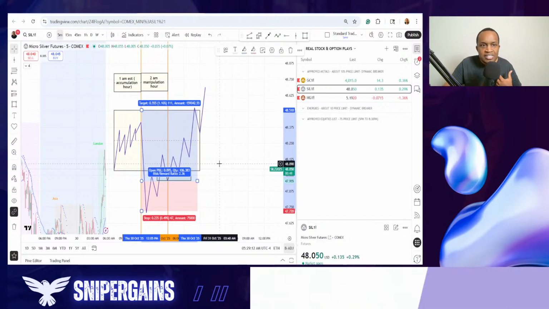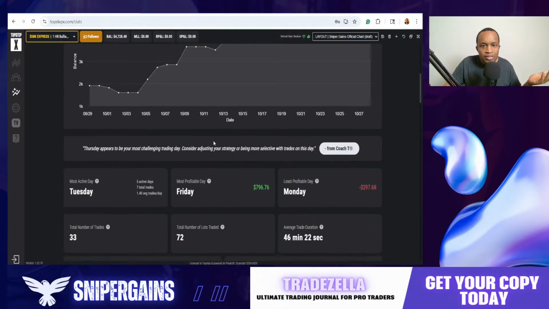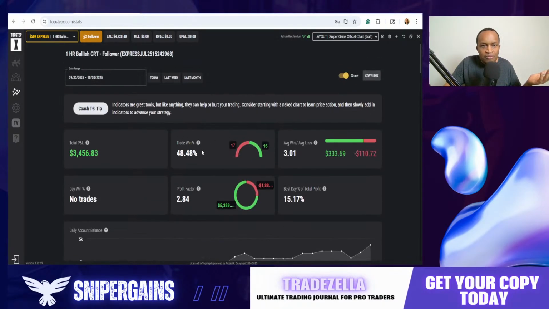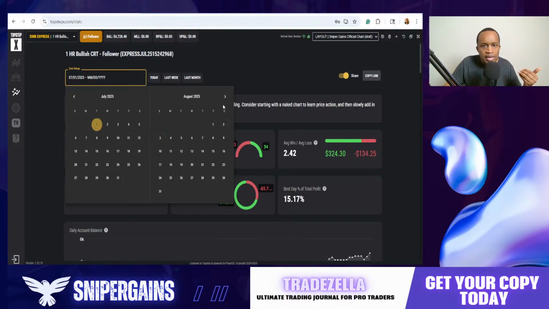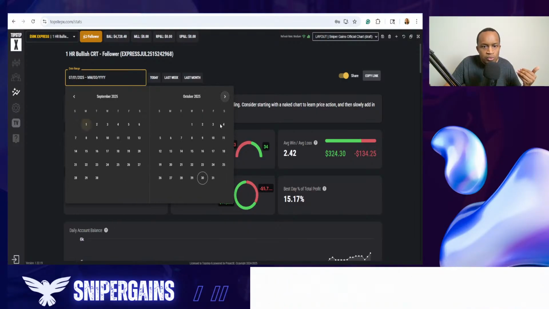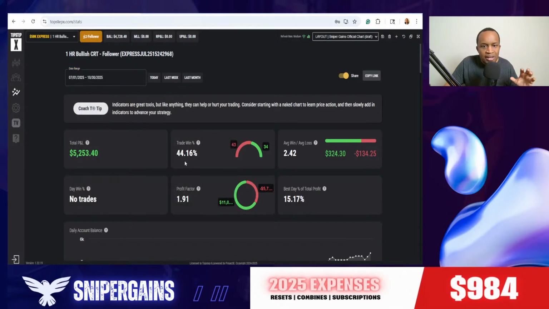Because as you can see, it's not necessarily the greatest win rate in the world. It's putting it at about 48. If I look at the beginning of this account, since this account was created in July, and we move over to October, you see it's spotting about a 44% win rate and a profit factor of 1.91.